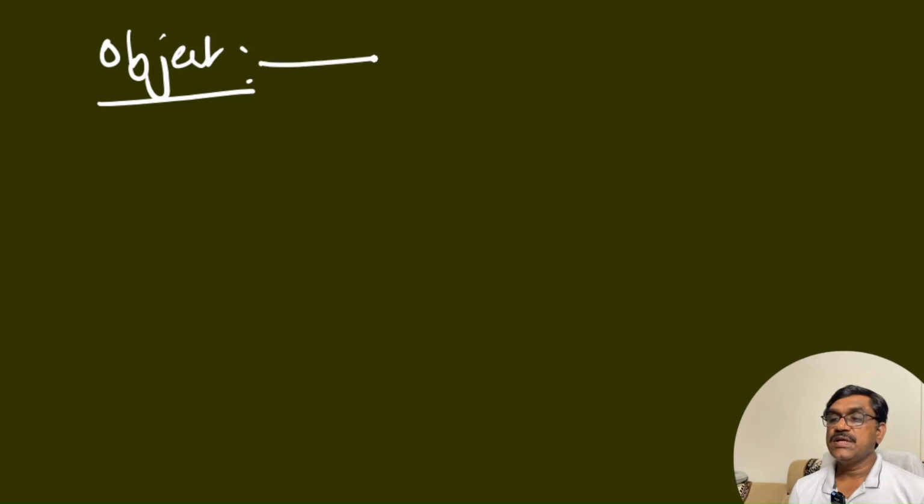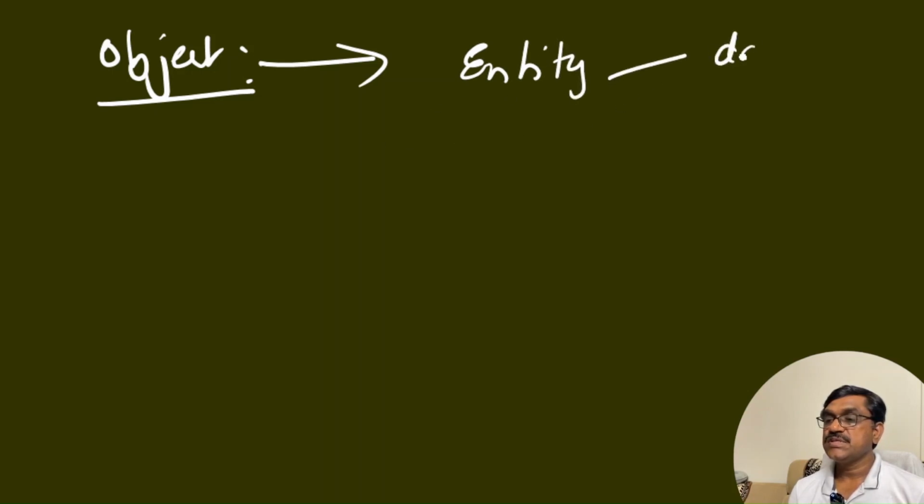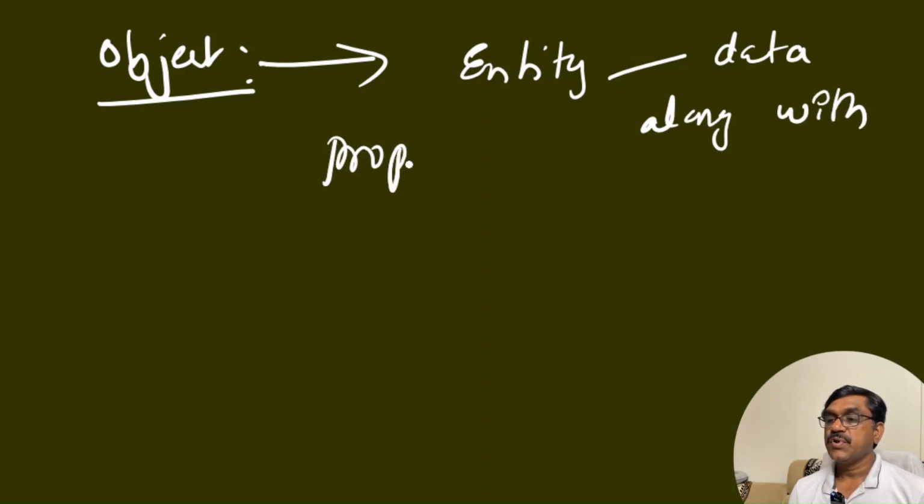Now, the clear definition: an object is an entity. Any entity that consists of data along with properties and behavior. Properties and behavior, this is very, very important.